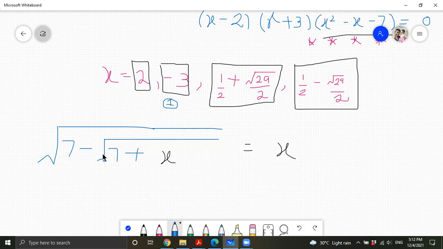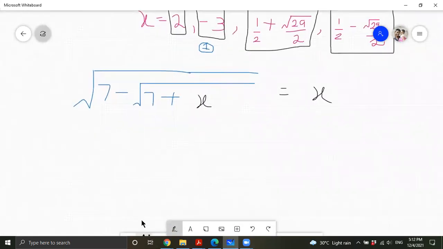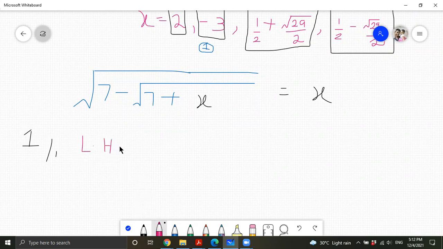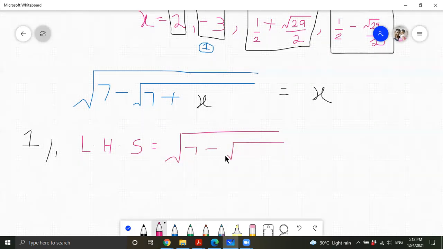Okay, so we'll put minus 3 here and we'll look at here. So if you put minus 3 here, what will be the LHS at the first case, that is x equals to minus 3? The LHS would be square root of 7 minus square root of 7 minus 3. That will make this square root of 7 minus square root of 4. That means 2. Square root of 5.